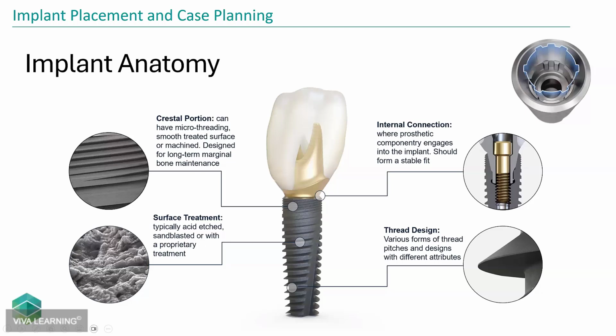That is where your restoration or your hybrid denture attachments, anything, meets the implant. And there are different internal connections, different timings. Everybody has their different system. And then there are different thread designs. There are all kinds of research. Everybody has their different theories about which thread design is better.